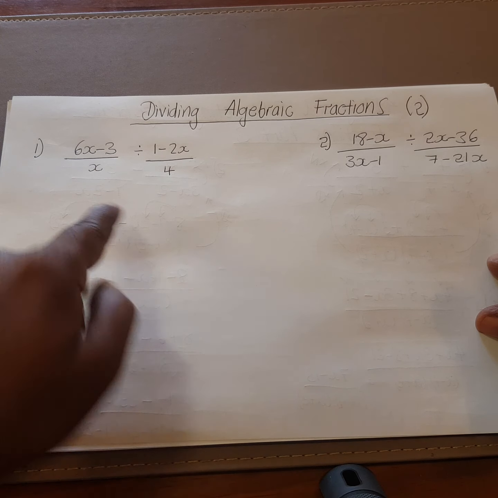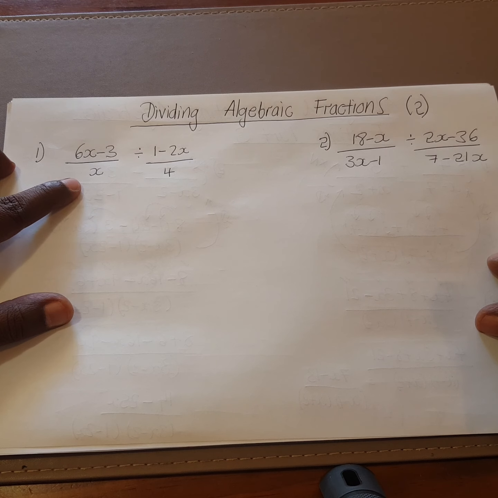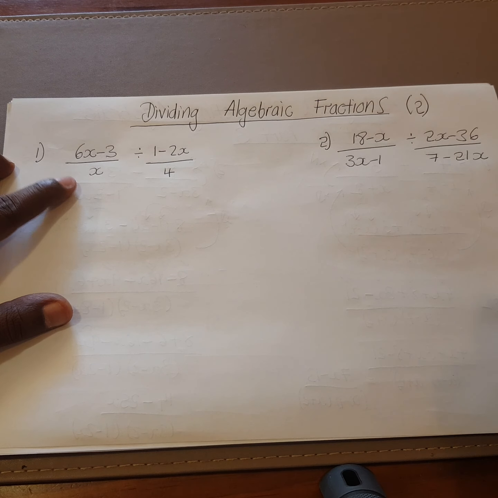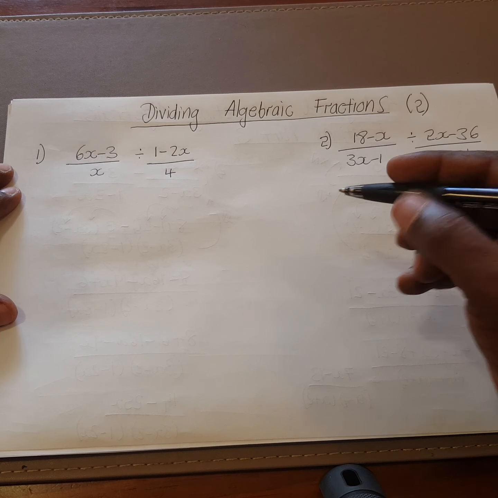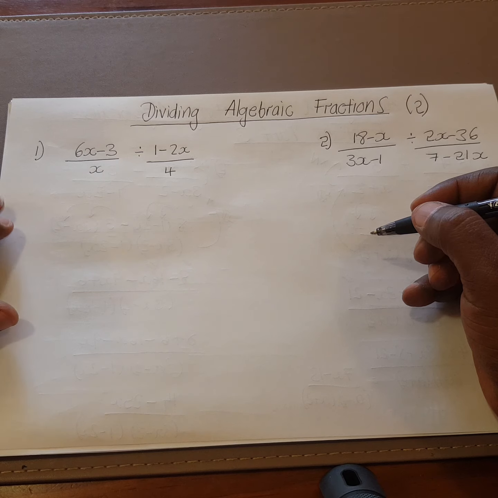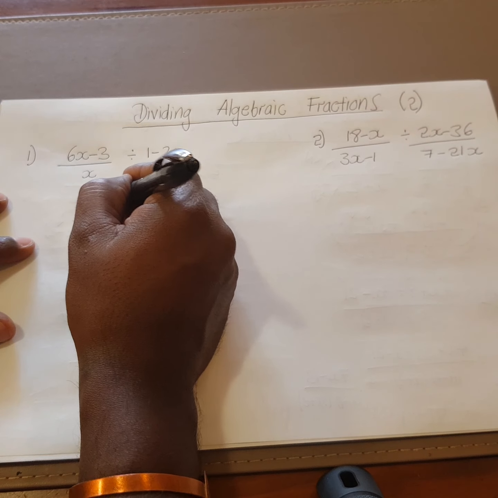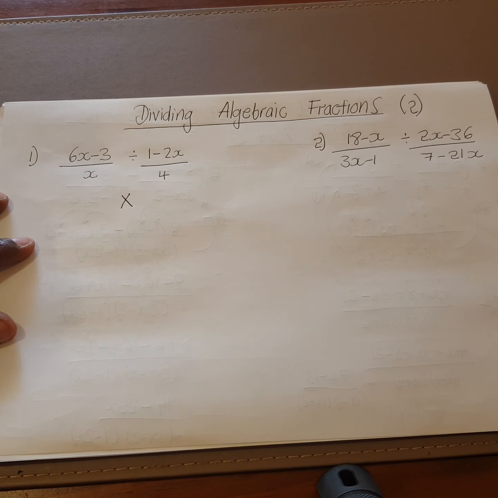All right, so I'll start with the first one here. We've got 6x minus 3 over 6 divided by 1 minus 2x over 4. First thing we need to do, like I said in the previous video, is two steps. The first is to change the division to a multiplication.